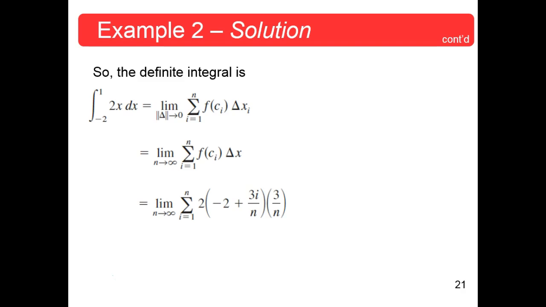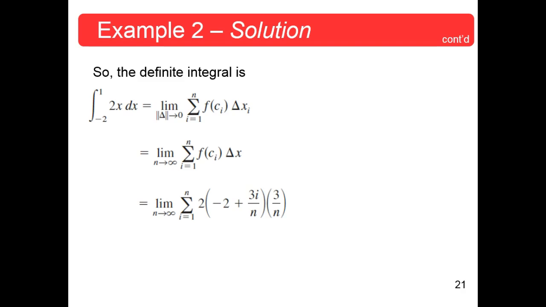And then your delta x is 3 over n. Boy, they don't give up on these in a hurry, are they? So this is going to be minus 4 plus 6i over n times 3 over n.